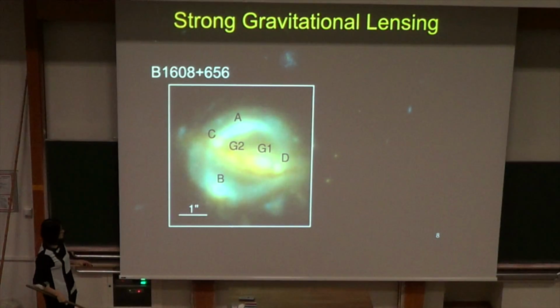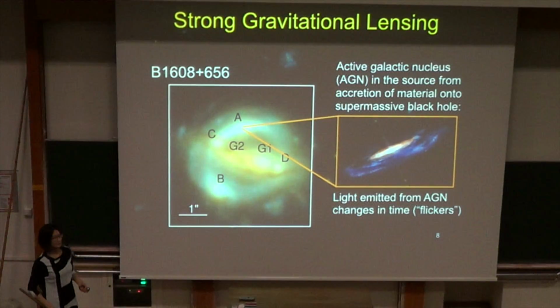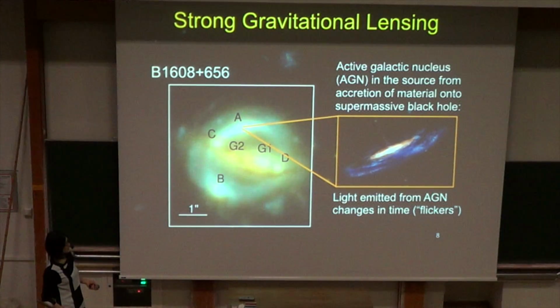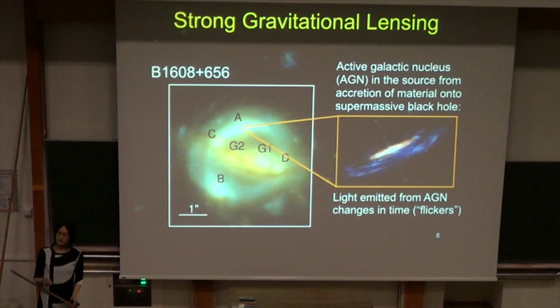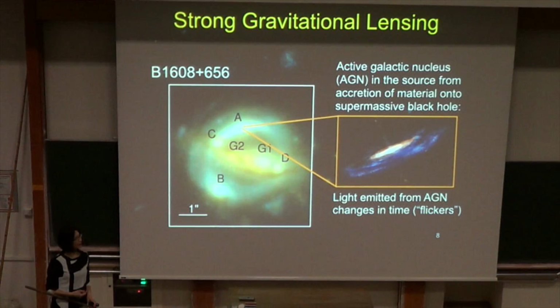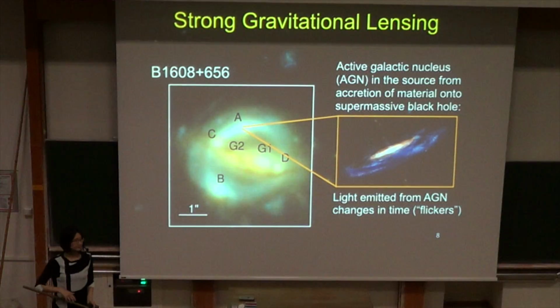And what's special about this one system is that the background source has an active galactic nucleus, which is called AGN. So an active galactic nucleus is a supermassive black hole at the center of the galaxy that is accreting material onto itself. And as the supermassive black hole accretes, it emits radiation, and because the accretion is not uniform, the radiation emitted changes over time.